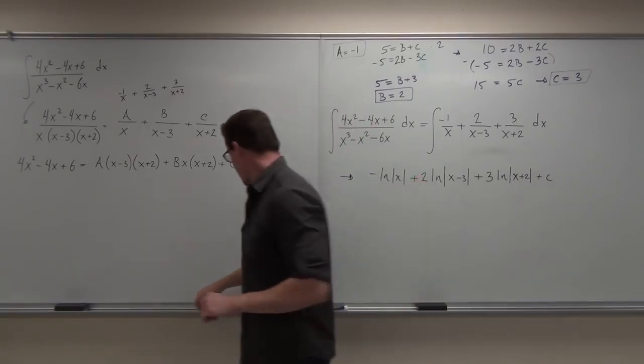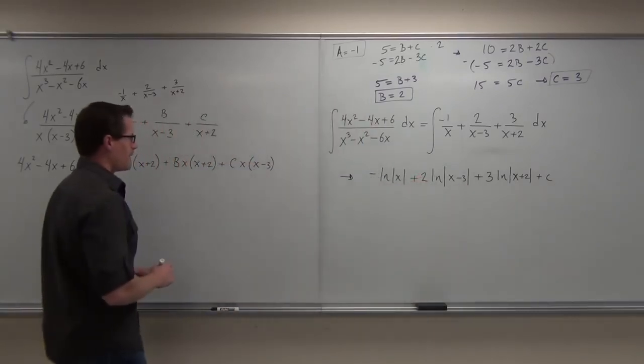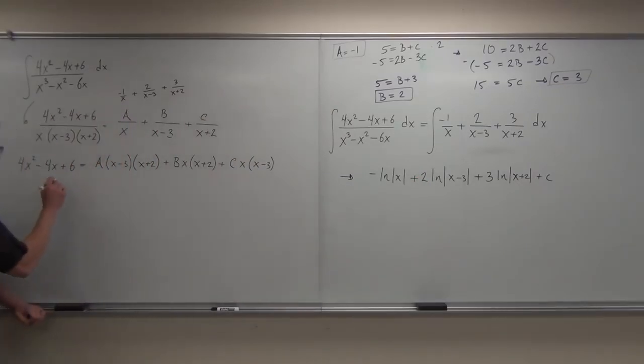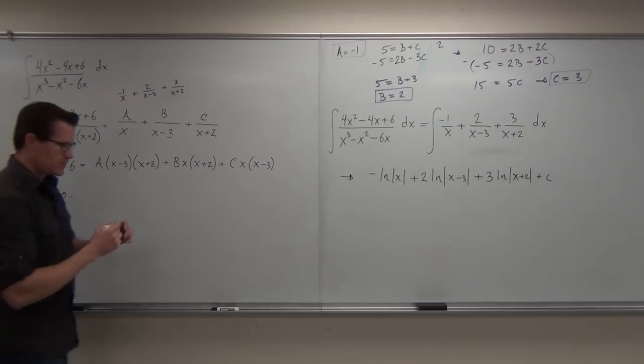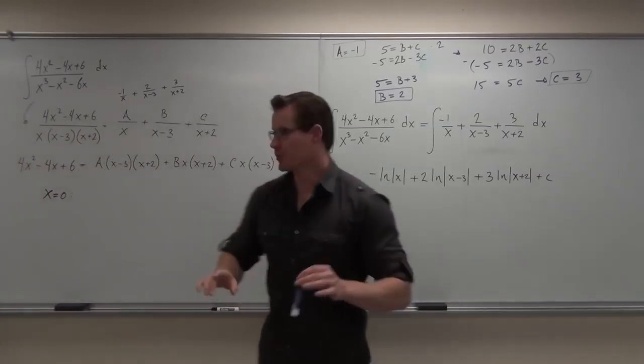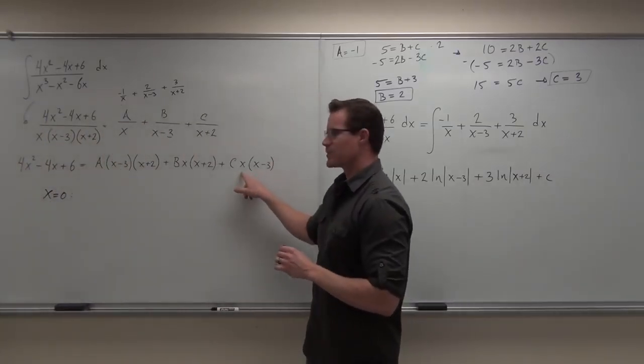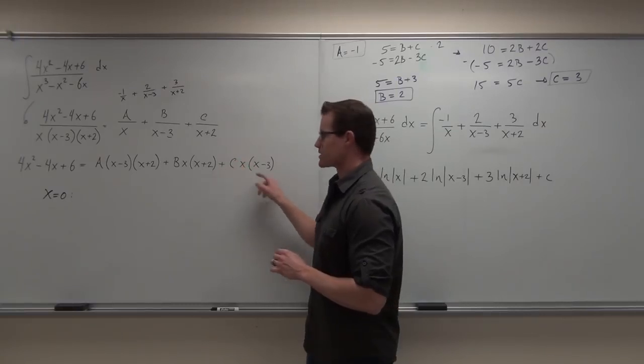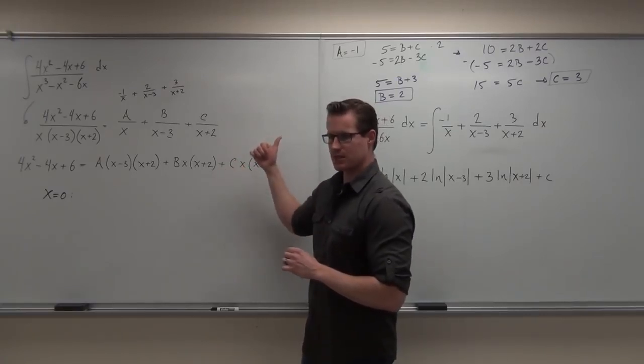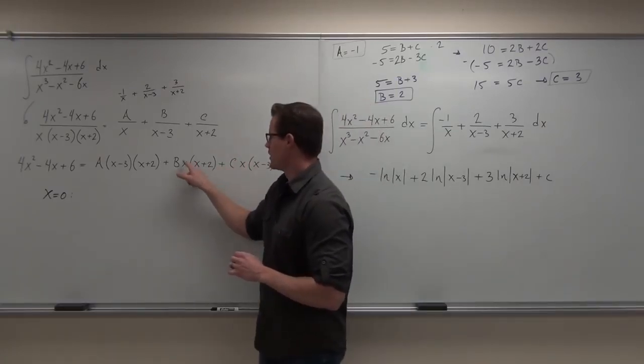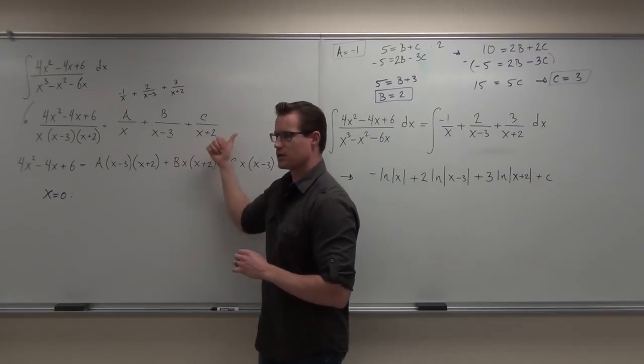For instance, when I look at this, I go, hey, and you have to show this little part. If I let x equal 0, check this out. This, yeah, it's -3, but how much is that? 0. This whole thing is gone.